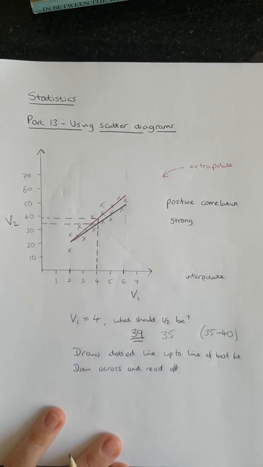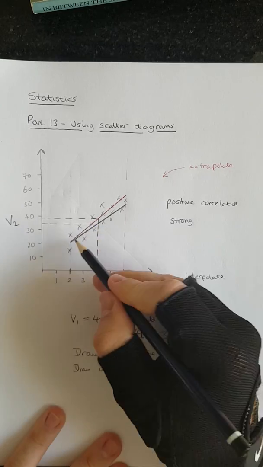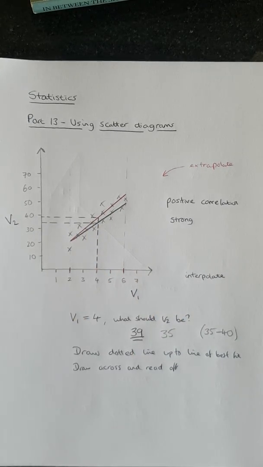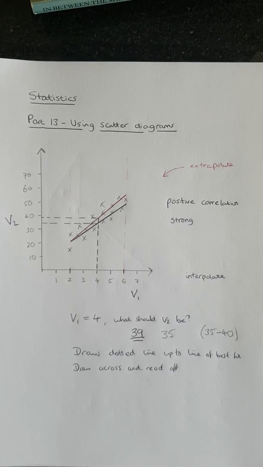If you were just to guess without drawing the line of best fit and showing how you've read off, you may find yourself with no marks because you've not demonstrated the knowledge. So there is some leeway in the answer. It's about reading carefully.